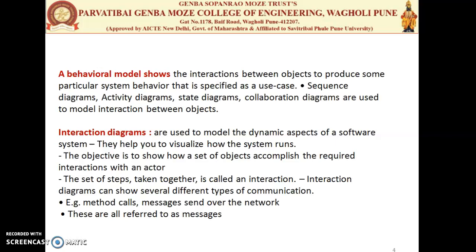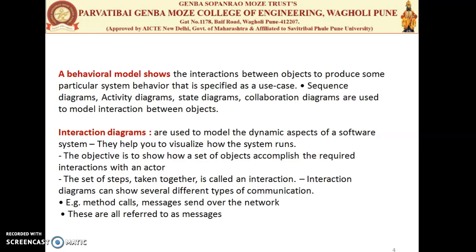Now we come to the interaction diagram. Interaction diagrams, as a part of the behavioral diagram, are used to model the dynamic aspect of the system. They help you to visualize how the system runs. The objective of the interaction diagram is to show how a set of objects accomplish their required actions and interactions with the actor.